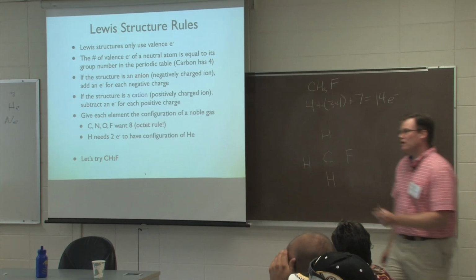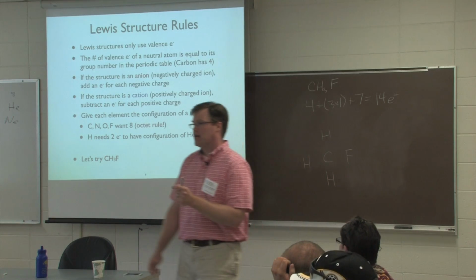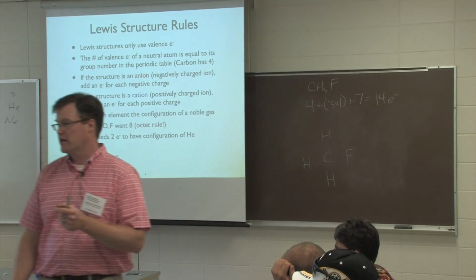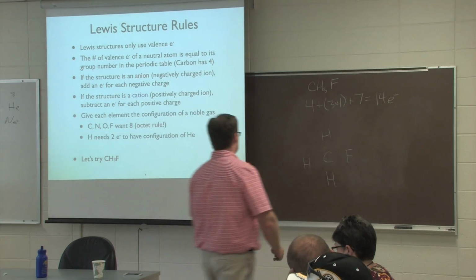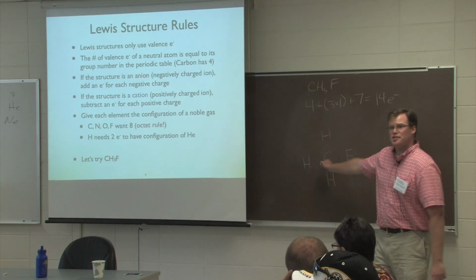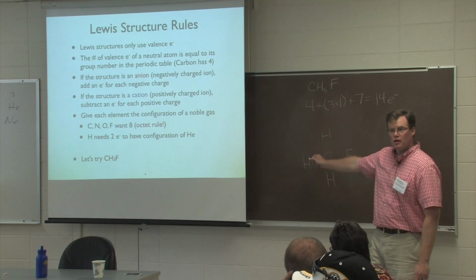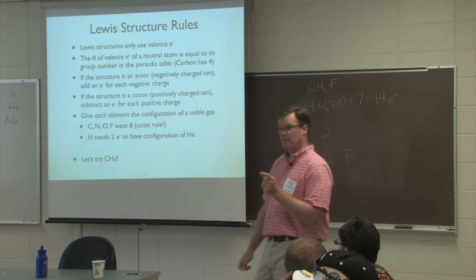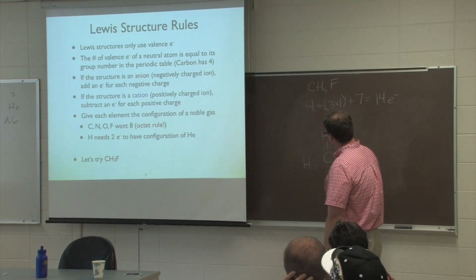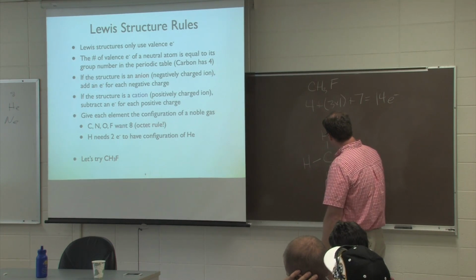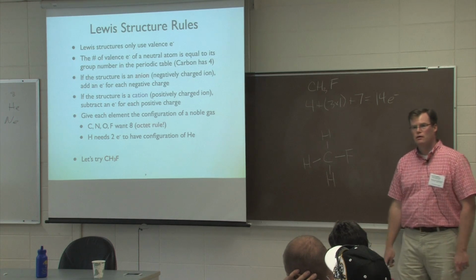And now I need to start distributing out the valence electrons that I've collected at the beginning of the game here. I have to use those electrons to form bonds. I'm going to draw dashes between the elements, and that's going to represent 2 electrons in a bond. So if I have 14 electrons, put 2 there, 2 there, 2 there, and 2 there.